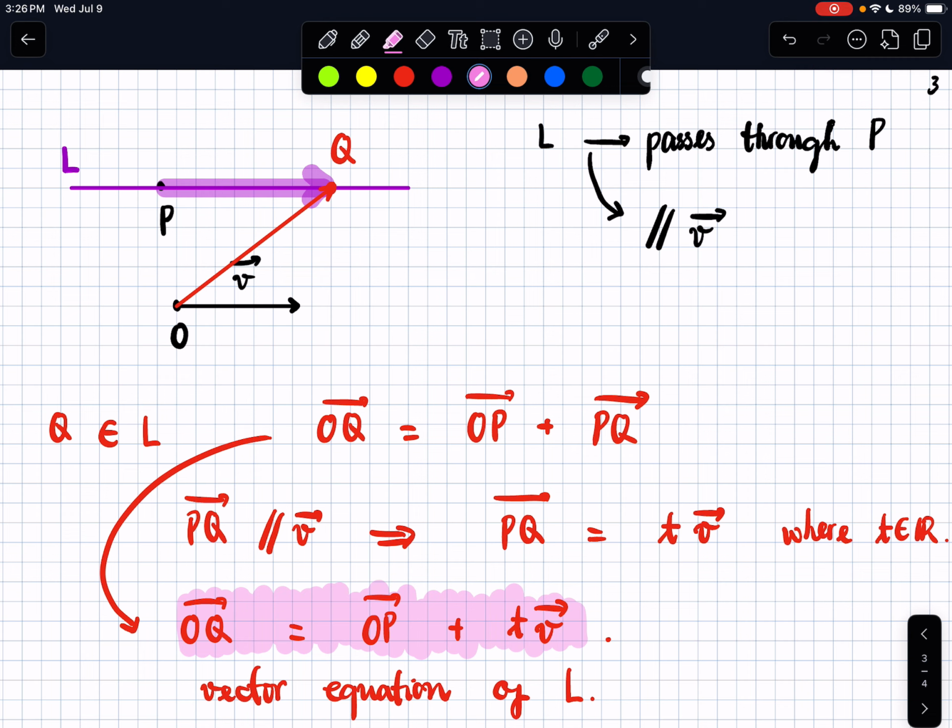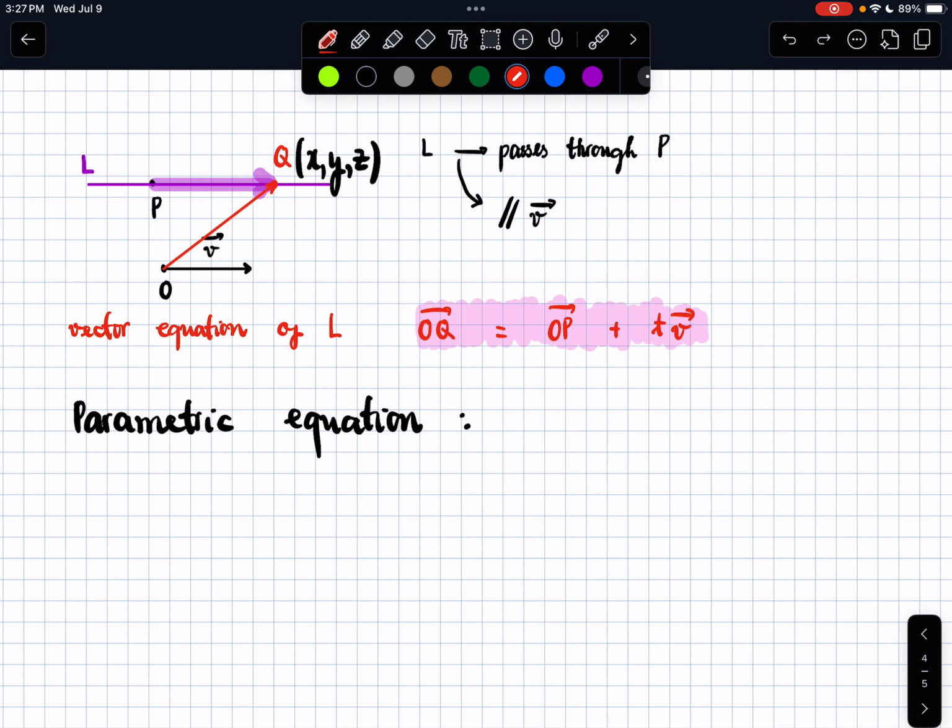Now we will find the parametric equation for L. Say P is x0, y0, z0.